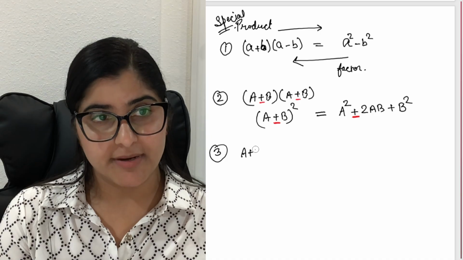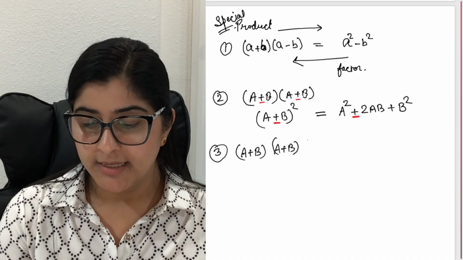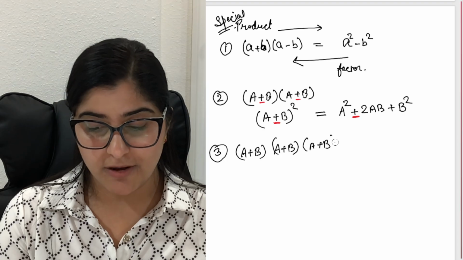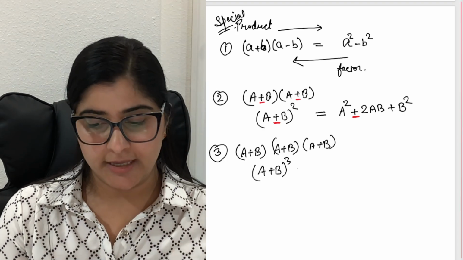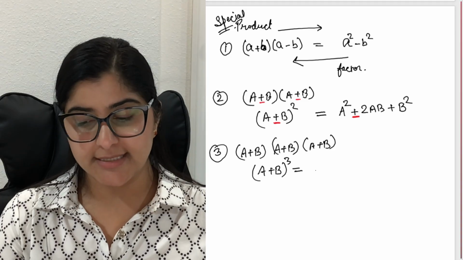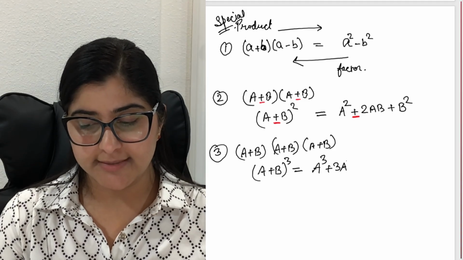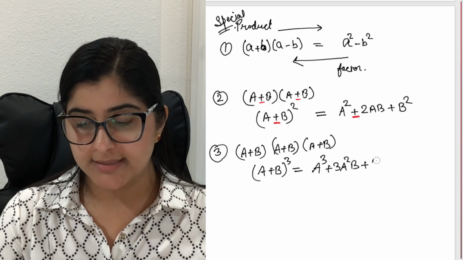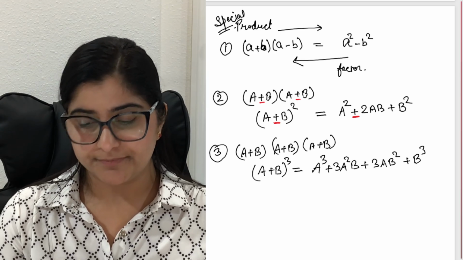If you have (a plus b) times (a plus b) times (a plus b), or 3 copies of a plus b, you can write this as (a plus b) cubed, and if you expand it, the expanded form will be a cubed plus 3a squared b plus 3ab squared plus b cubed.